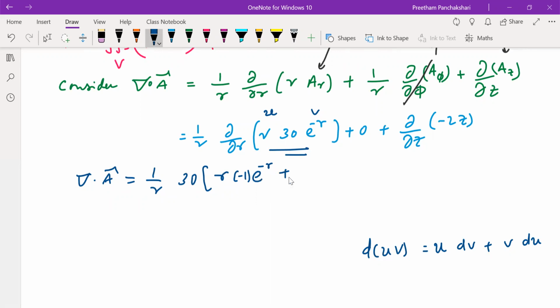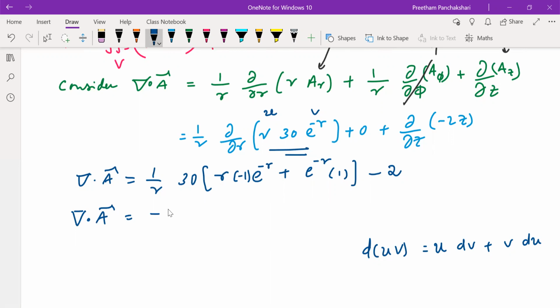Next, keep V as it is. That is e power minus r as it is. Differentiate r. Differentiation of r is 1. That makes the differentiation. And in the last term, it is minus 2. So finally, divergence of A becomes, multiply with 30 by r. r cancelled here.